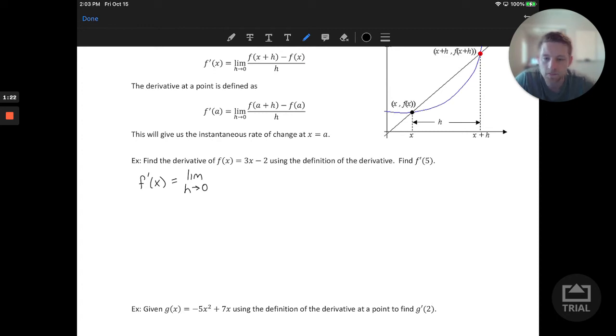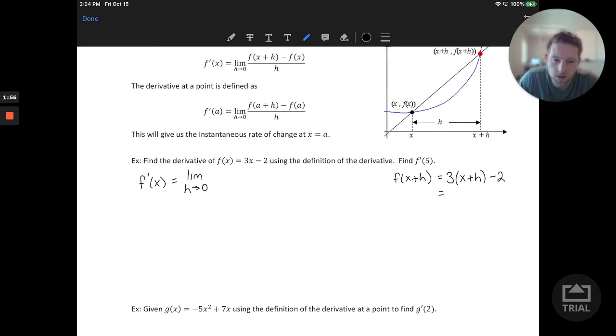The first item that we need to find in this limit is, what is f of x plus h? So we're going to do a little side work here and try to figure out what is f of x plus h. That's the first item in that limit equation. We'll do that by evaluating our current function, 3x minus 2, at x plus h, and we'll simplify this as much as possible.